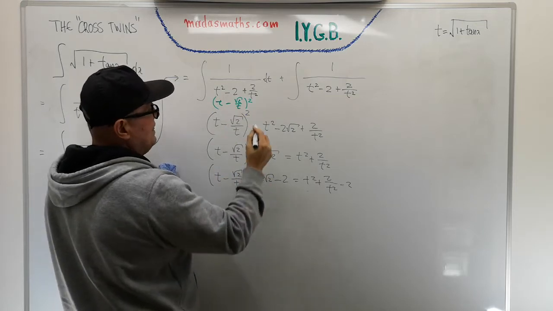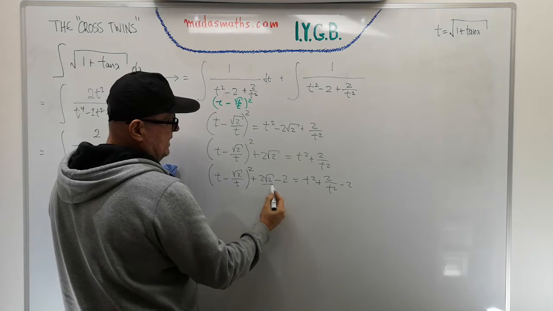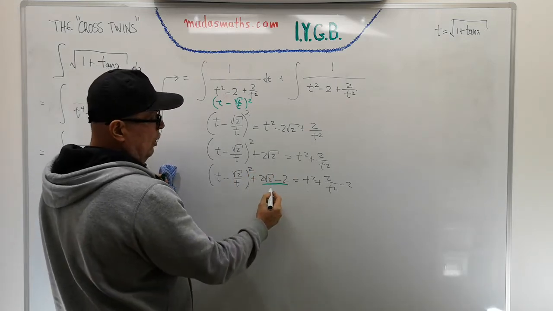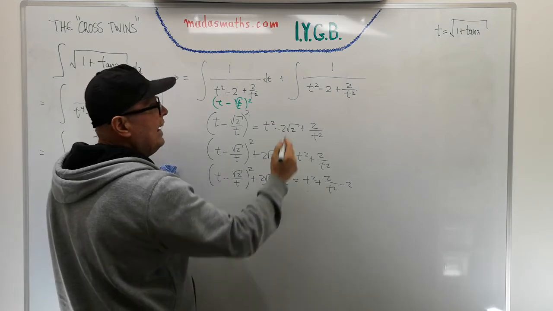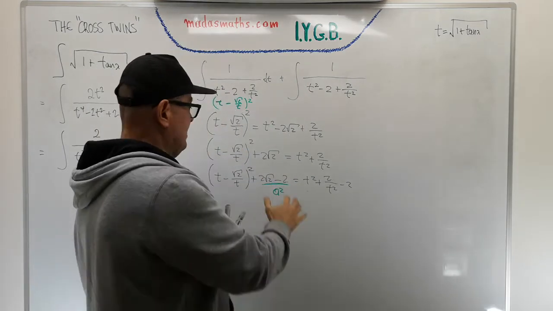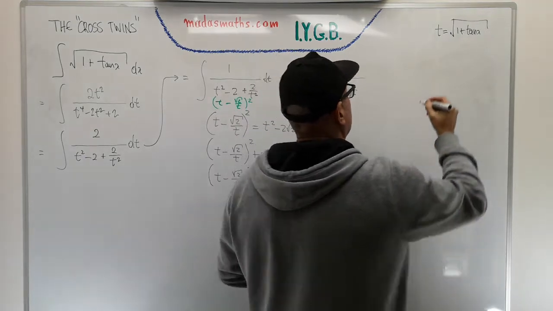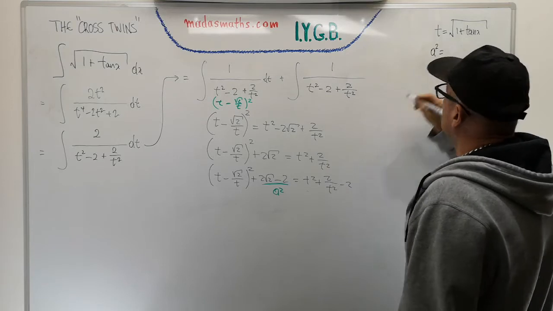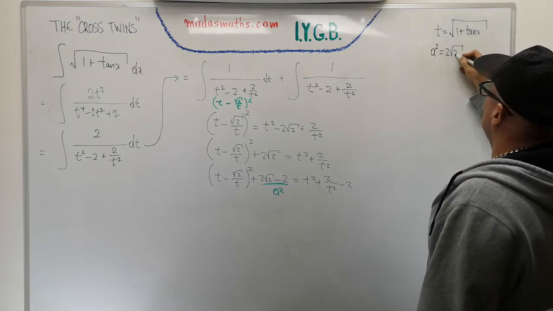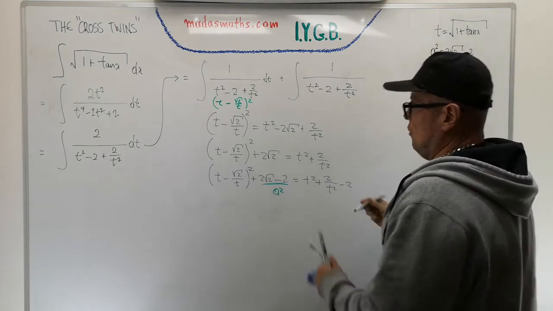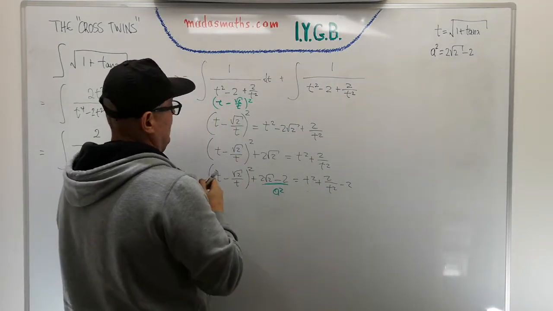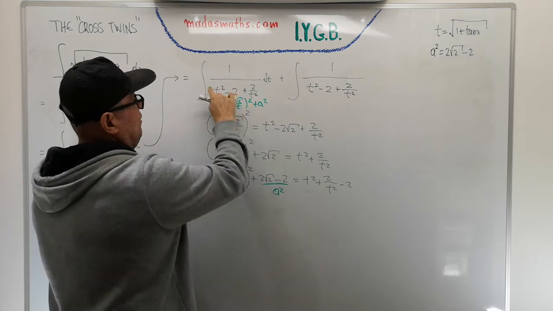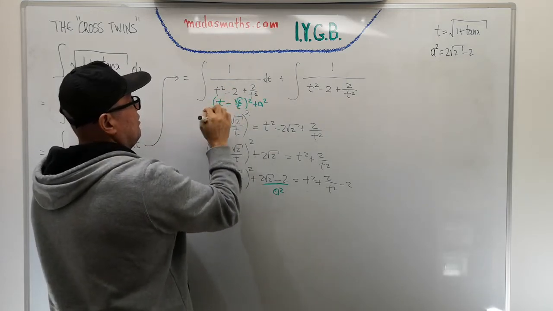And bear in mind this quantity is positive, 2 root 2 minus 2 is definitely positive, so I'm going to call this a squared, and I'm going to write it up there because this is just a mess to be carrying around throughout the integral. So a squared stands for 2 root 2 minus 2. So up here in green, and remember this is positive, plus a squared. So this denominator is the same as that.